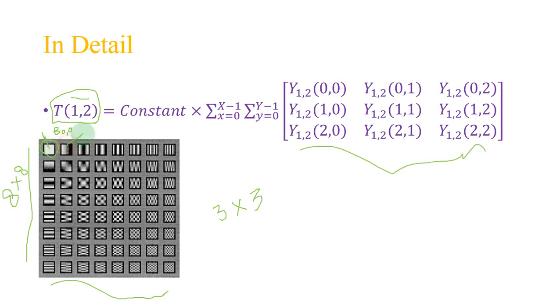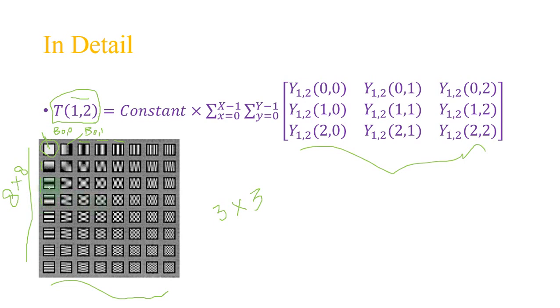In this B of 0 comma 1, there is a horizontal change in frequency. So in this case there is more change in the horizontal direction, and more change in the horizontal direction in this case, and more change in this case. Similarly, here will be the change in the vertical direction, and more change will be in this basis, and more change will be in this basis.